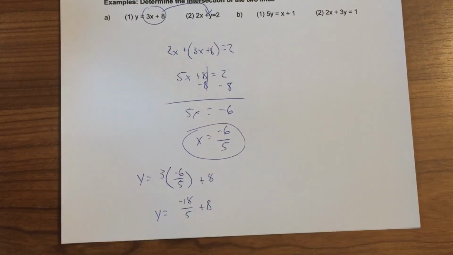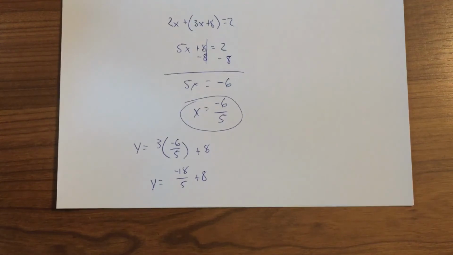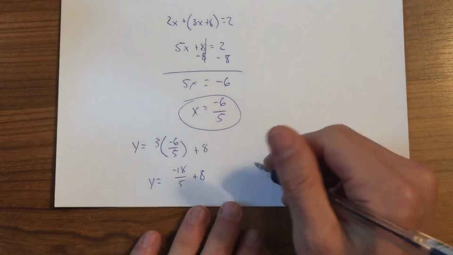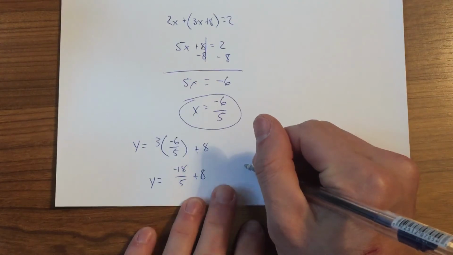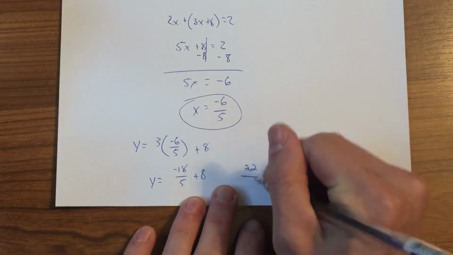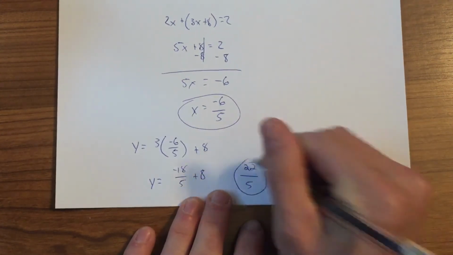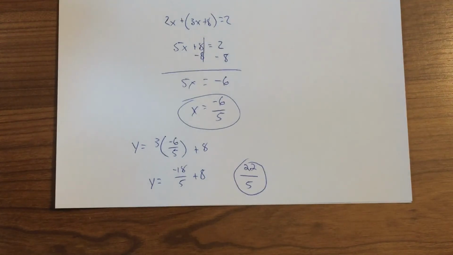Then we can simplify this amount and make it into an improper fraction or a mixed number. Let's just say we want to make this into an improper fraction. We would come out to the value of 22 over 5. All right?